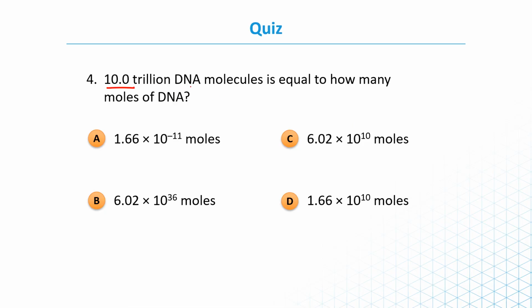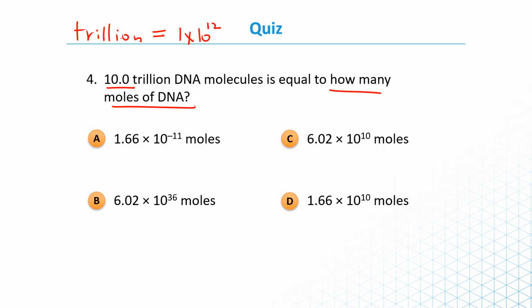10 trillion DNA molecules is equal to how many moles of DNA? So remember that trillion. What do we mean by trillion, guys? Okay, so trillion is equal to 1 times 10 to the power of 12.